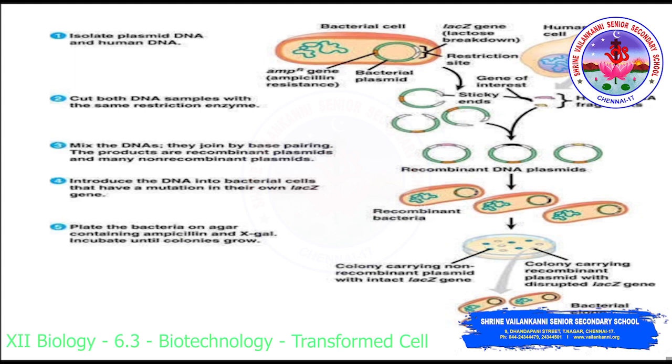The last step is to plate the bacteria on agar containing ampicillin and X-gal, and incubate until the colonies grow. We then see which bacterial clone has the lacZ gene.